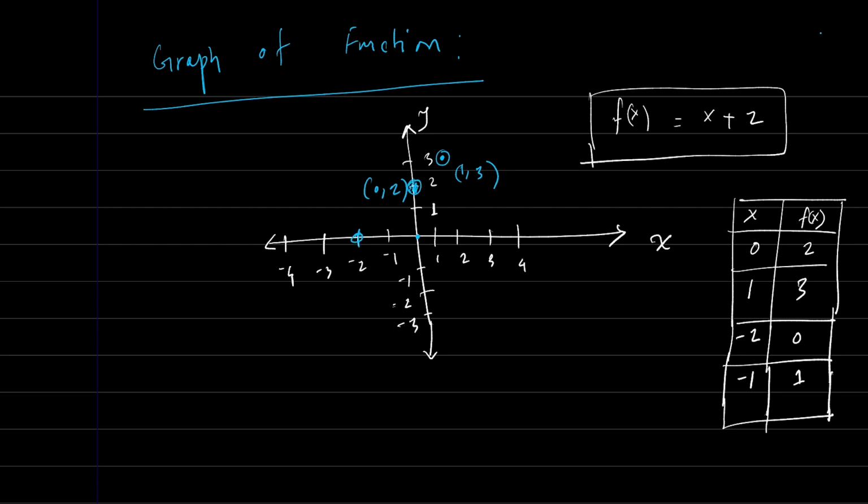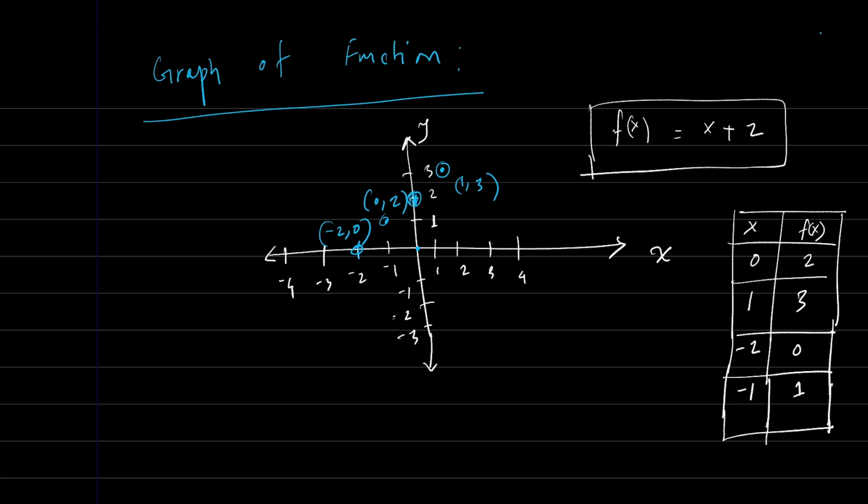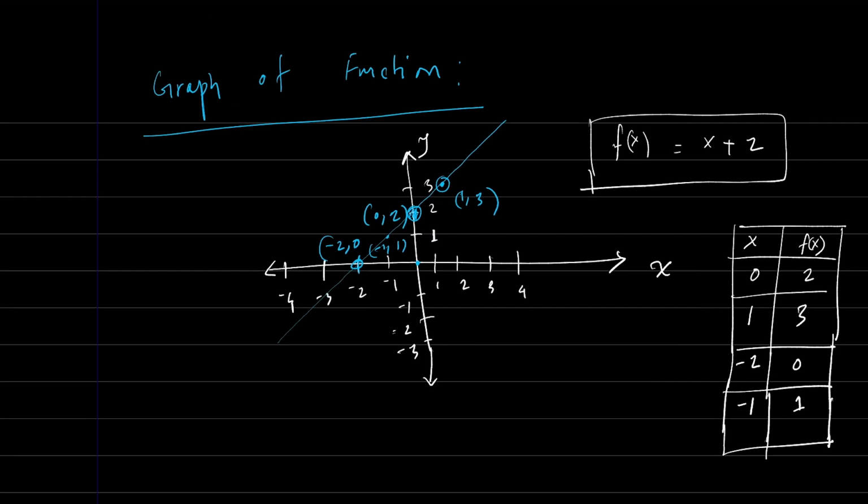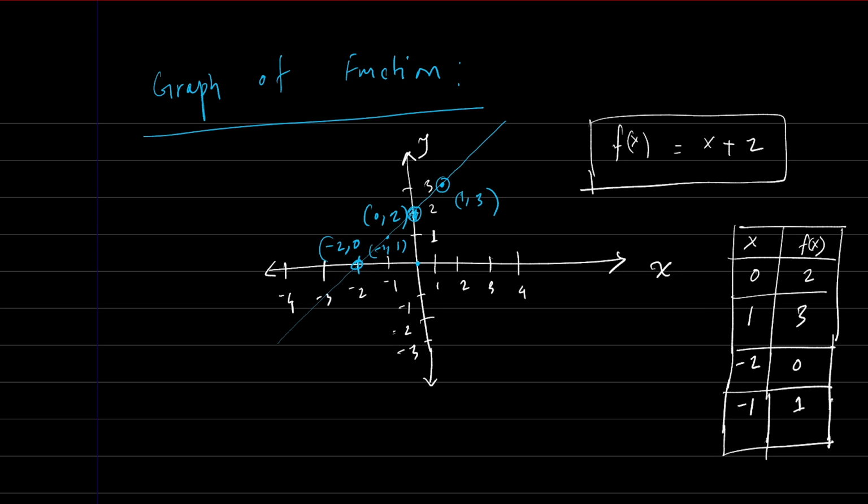This is our next point. And -1 is 1. So if we join those points continuously, the graph should look like this. So this is the graph of f of x is equal to x plus 2.